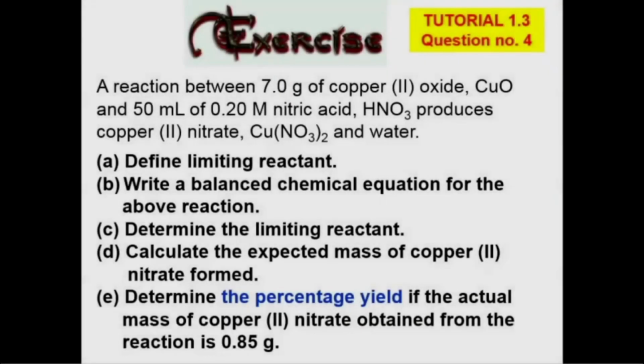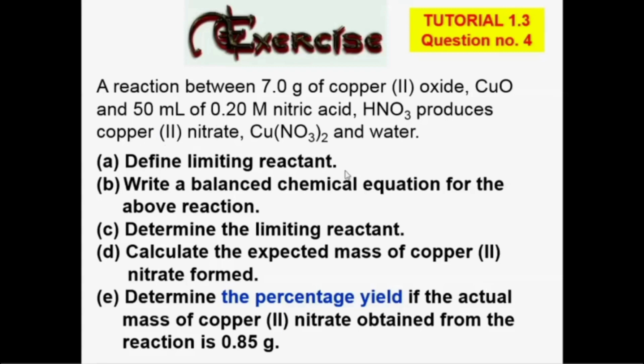Next, let's look at this question. This is your tutorial question, tutorial 1.3, question number 4, so you can check this question in your tutorial book. We have a reaction between 7 grams of copper 2 oxide, CuO, and 50 mL of 0.2 molar nitric acid, which produces copper 2 nitrate and water.